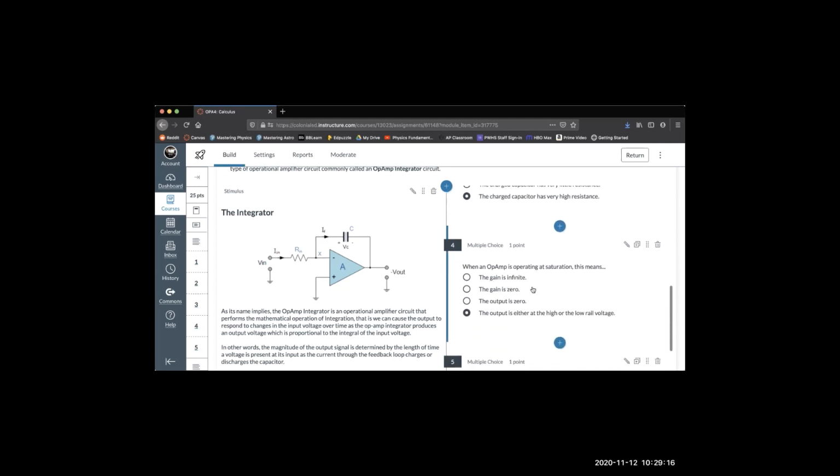Now, when an op amp is operating at saturation, that means the output is at the high or low rail voltage. The rail voltage means the voltage that you supply to the op amp. It's funny, it was a while before I thought about it this way, but when you have an op amp, you actually sort of have to plug it in. An op amp has to be powered.